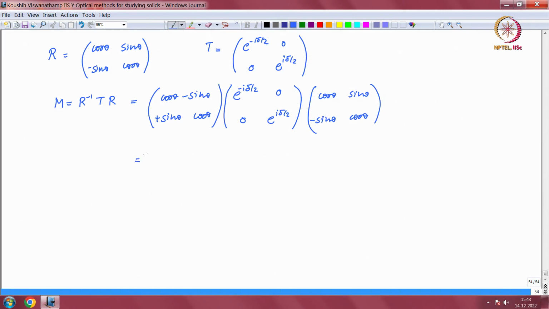And if you open this out and take the real part, imaginary part, e to the power i delta by 2 of course is cos delta by 2 plus i sin delta by 2. If you use that and you do a little bit of algebra on a good sunny day, then you will get something that looks like this. The exact form is your plus minus signs are not that critical at this point, but where the sines and cosines go are obviously critical.